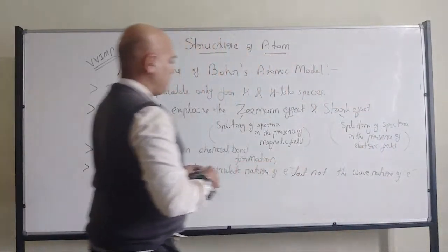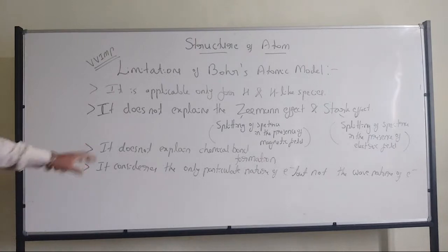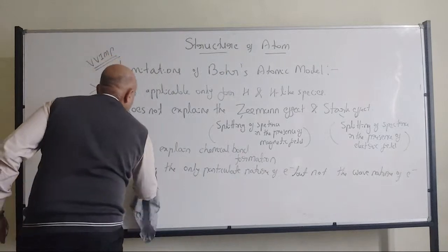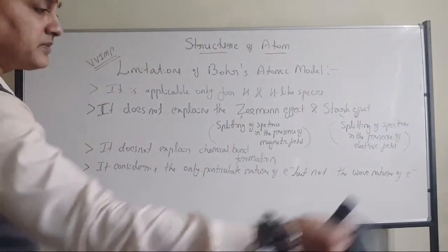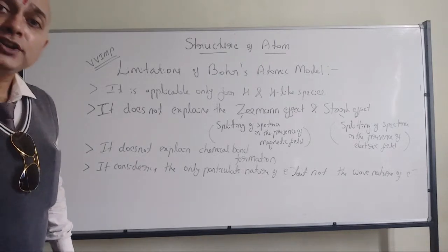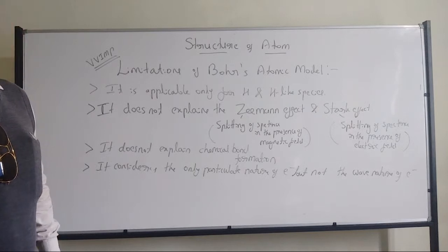Please remember, don't worry, you are going to understand this when I will be talking about de Broglie's equation, which tells that an electron can have particulate character and it can have wave character also.